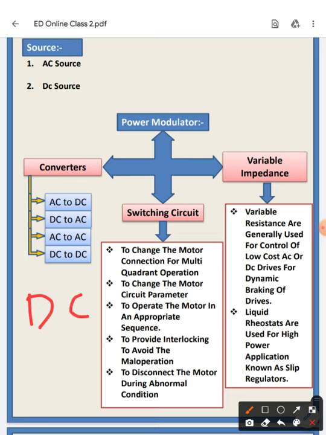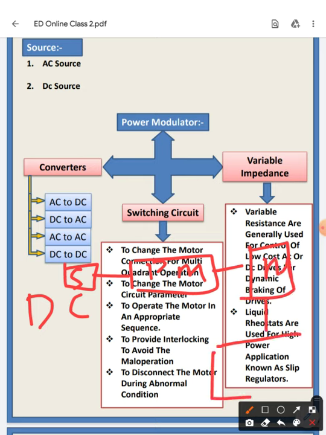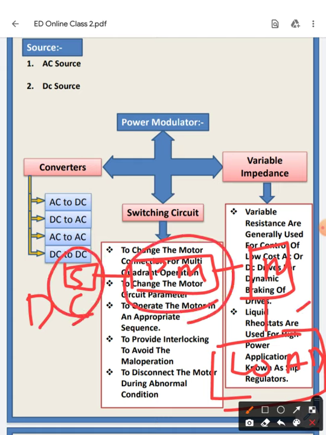This is my source, this one is the power modulator, it is connected to the motor, and this motor is connected to the load. So source, power modulator, motor, and load. Now what is the function of this power modulator?